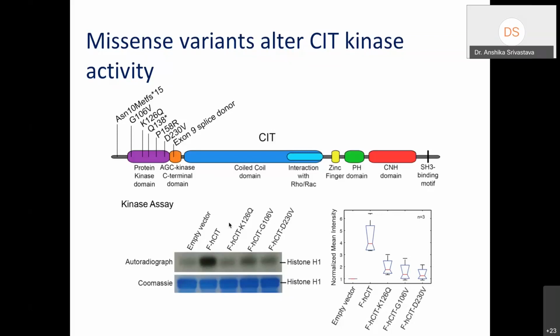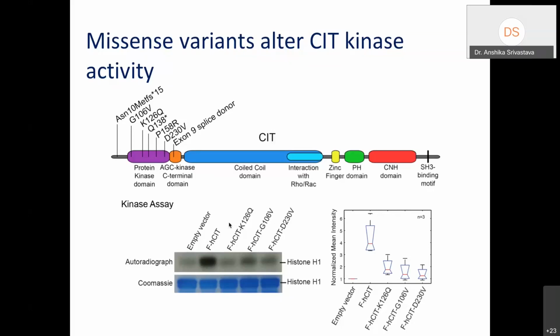For example, in this case, citron kinase, we knew that the variants are all present in the kinase domain, and we wanted to see the in vitro kinase activity. So we performed the kinase assay. We cloned the human citron kinase in the FLAG vector, and we also have the vector with the missense variant. With Coomassie blue, you can see that histone H1 was loaded in vitro so that we can see the kinase activity.